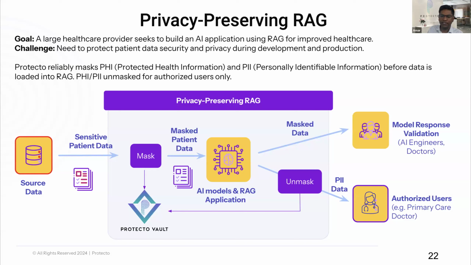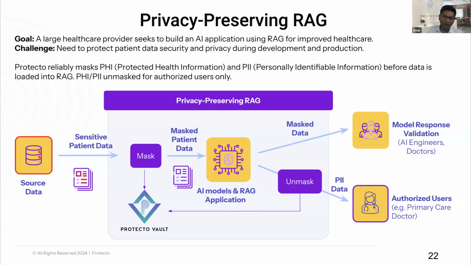The problem is, once the data comes into this RAG, there are a bunch of people who need to validate the answers. These are your AI engineers and doctors. They have to make sure this RAG system is actually giving the right answers. So think of this bunch of validators who will access the data, and there will be a bunch of real doctors who want to help the patient to access the data.